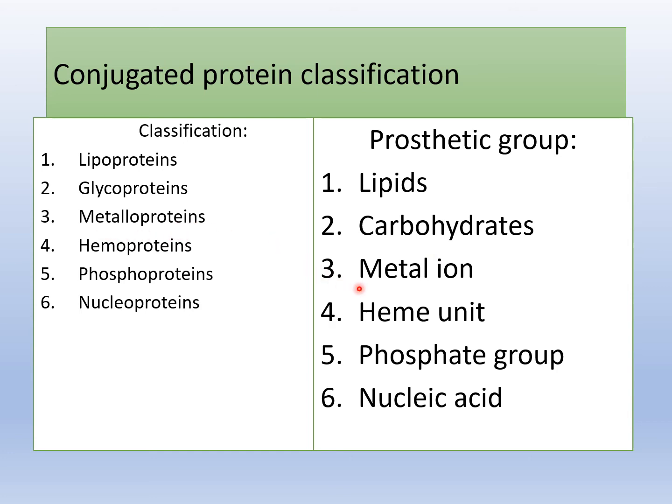The protein basically has a metal ion in it. Hemoproteins basically have a heme unit, just like your hemoglobin. It is a hemoprotein because it carries the heme unit. Next, phosphoproteins basically have a phosphate group. Nucleoproteins, proteins that have nucleic acid content.